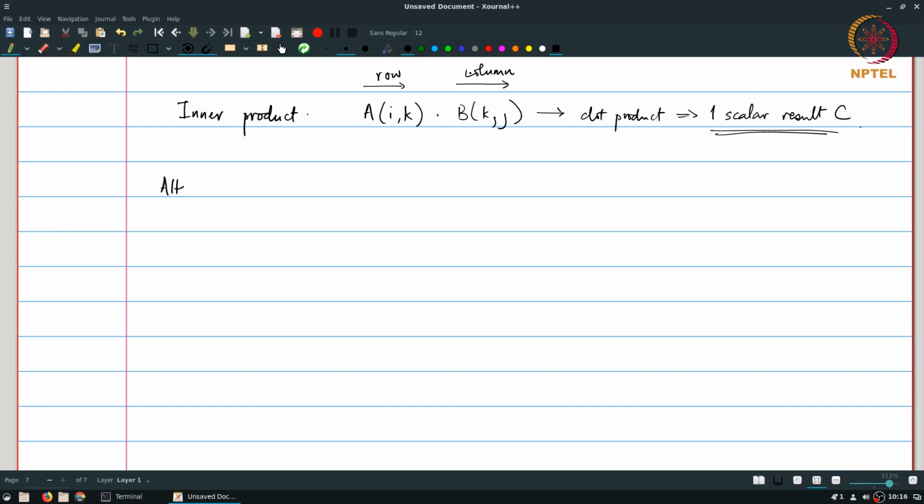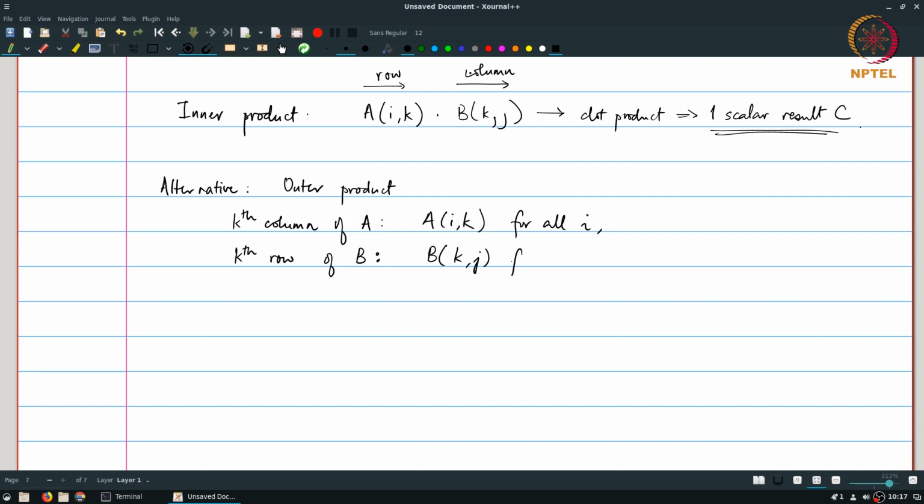Another way of doing matrix multiplication is to try and do something called an outer product. Over here, rather than taking the ith row of A, let's take the kth column. In other words, the kth column of A corresponds to the values A of i comma k for all i rather than for all k. And similarly, the kth row of B corresponds to the values B of k comma j for all j rather than for all k.